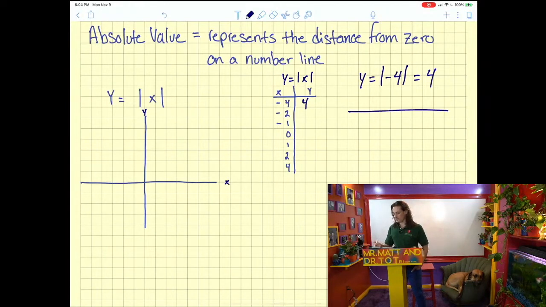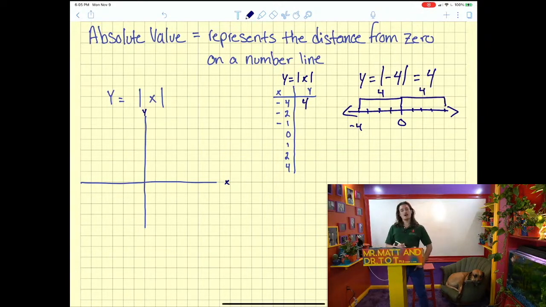If you think about a number line with 0 right here, -4 is 4 units on a number line, just as +4 is 4 units on a number line. So the absolute value of -4 is +4. So when x is equal to -4, y is equal to +4.